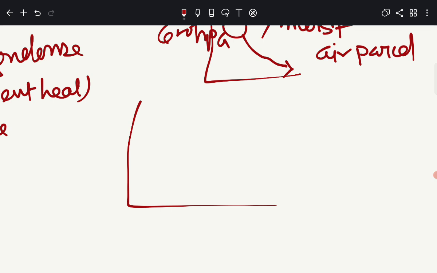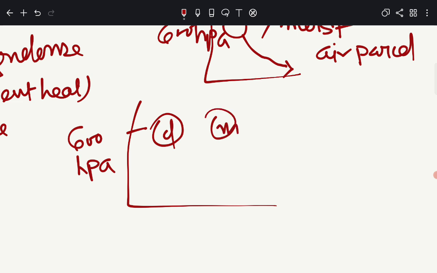Okay. So in reverse way it is tough to think about it, because if it is 600 hectopascal for example, you have a dry and you have a moist air parcel. We want to bring both to the reference level, that is 1000 hectopascal.